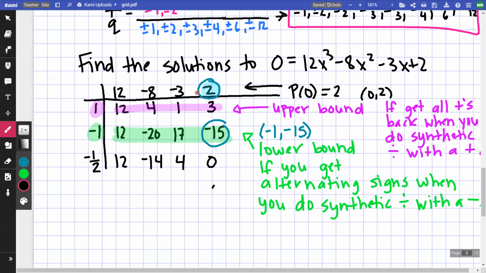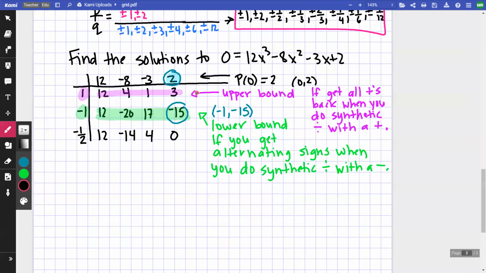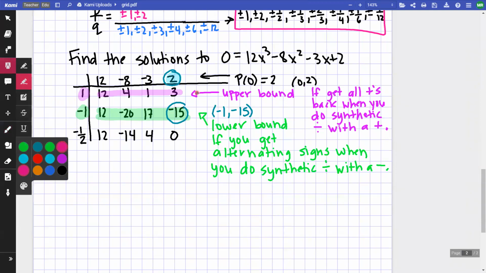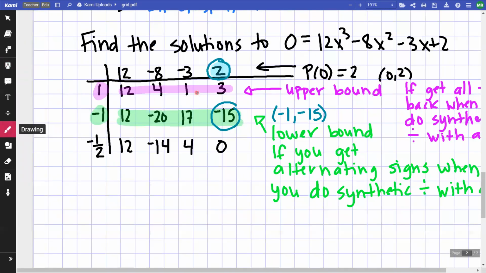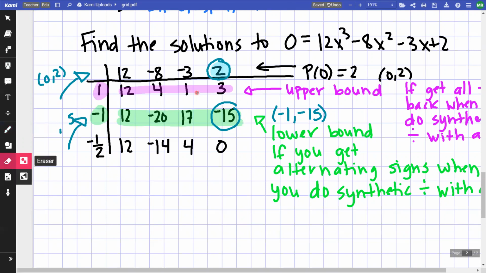But let me again talk about the situation that I was just describing. Here, which was really 0, 2, and here, which was really -1, -15.